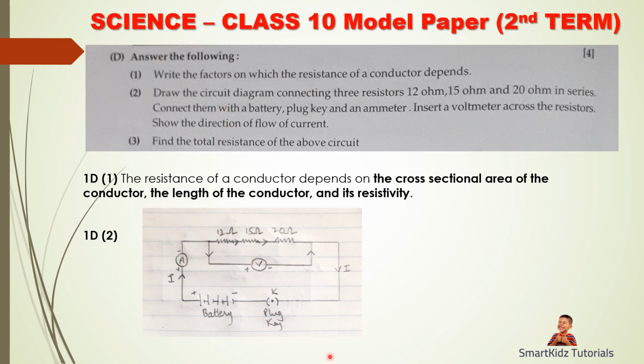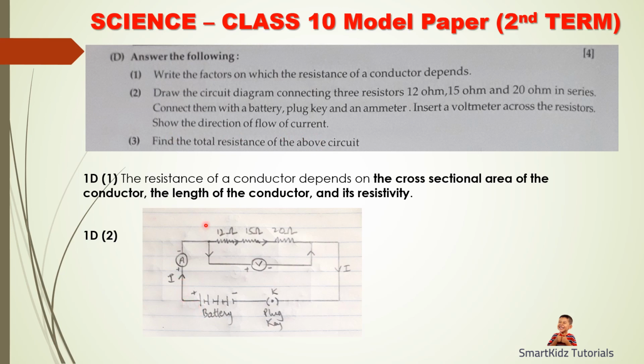So we need to draw a neat diagram like this. Certain parts have to be mentioned, for example the 3 resistors, and mention that they are 12 ohm, 15 ohm, 20 ohm. There has to be a voltmeter across them, then a plug key, a battery, an ammeter to measure the flow of current, and most importantly the direction of flow of current has to be shown.